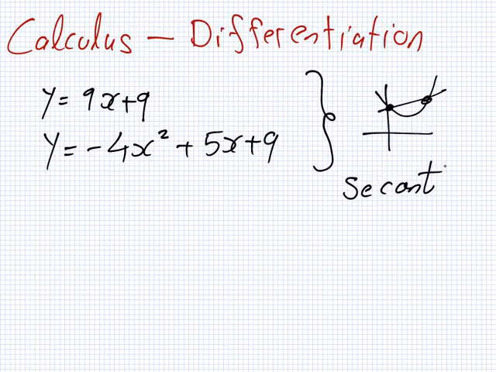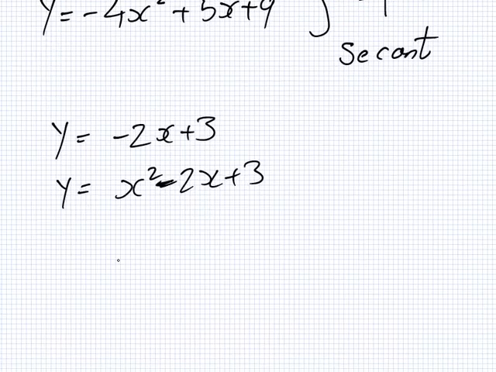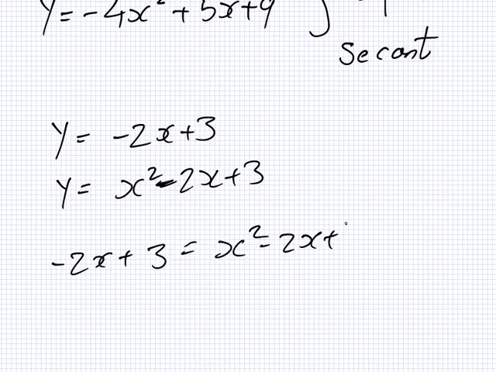So, for example, let me do this one for you. y equals minus 2x plus 3, and y equals x squared minus 2x plus 3. So let's get the solution here. We have minus 2x plus 3 equals x squared minus 2x plus 3.